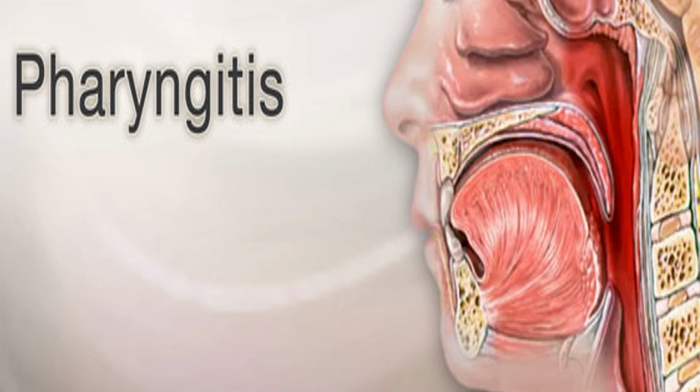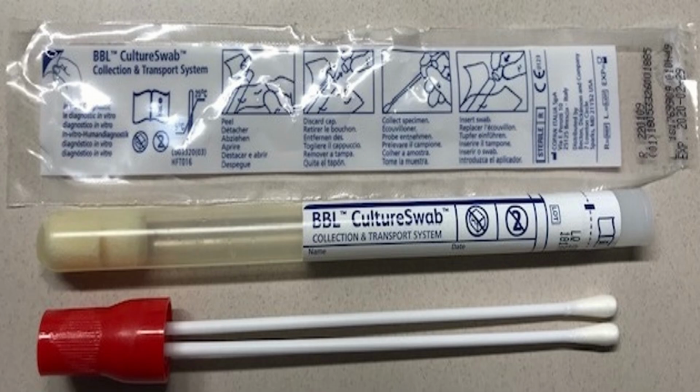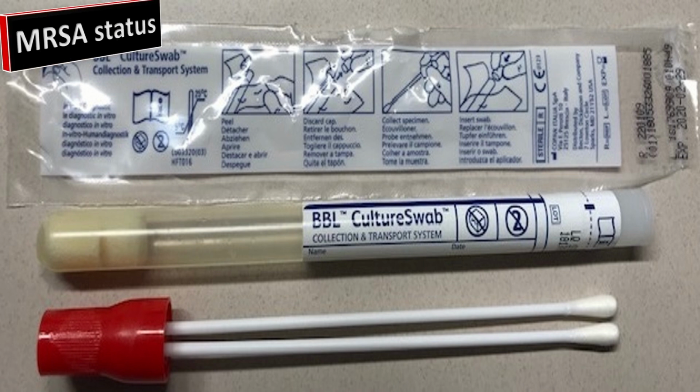Now, any woman who is unwell with the symptoms of tonsillitis, pharyngitis should have a throat swab sent for bacterial culture. If MRSA status of woman is unknown, a pre-moistened nose swab should be sent for rapid MRSA screening where such testing is available.